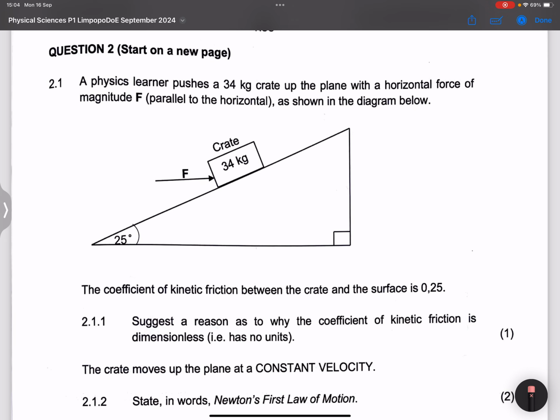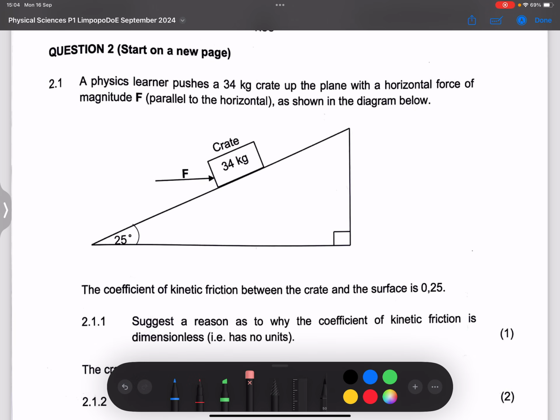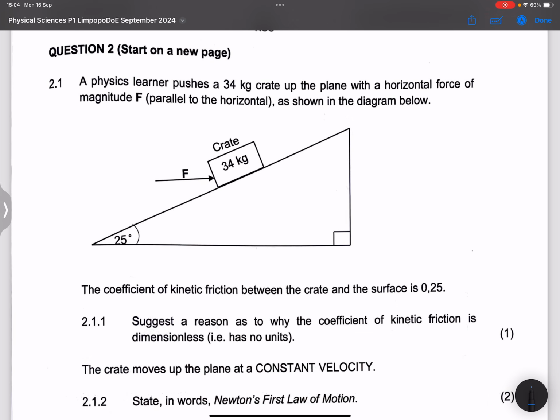Ladies and gents, let's just quickly have a look at this. If the force is horizontal, then remember, whenever we're going on an inclined plane, we are going to take the force applied. But the force that is applied is not parallel to the incline, so we are going to have to divide that force into its components.